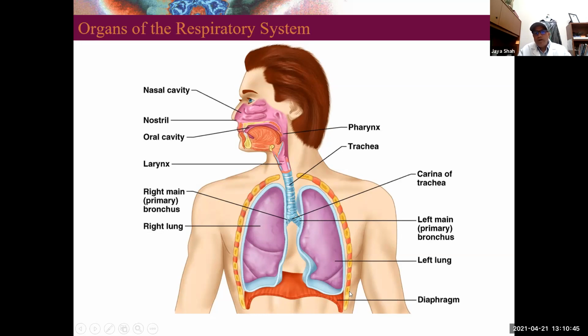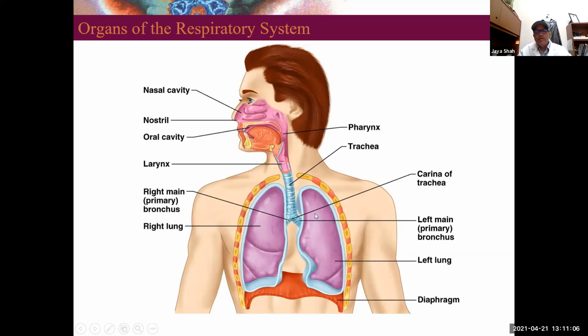So from here up to here, it is more than 60,000 times branching. And then ultimately alveoli.